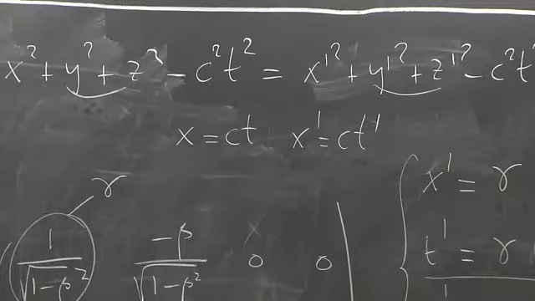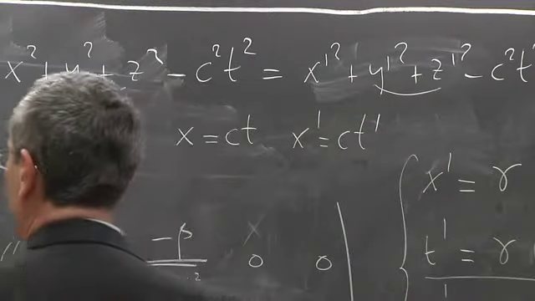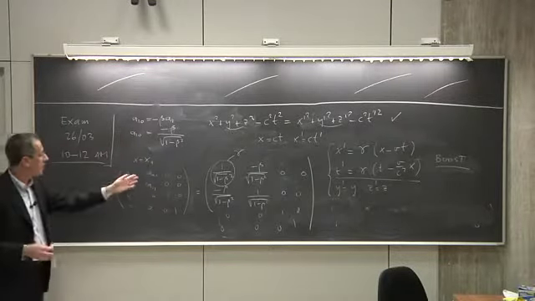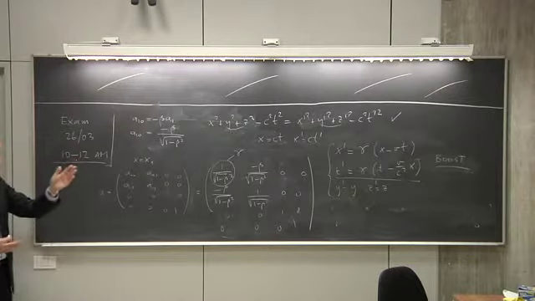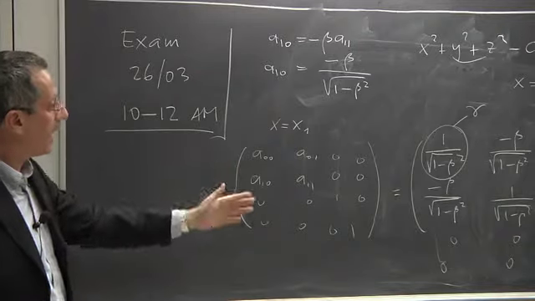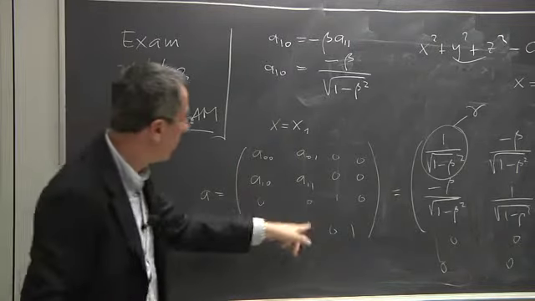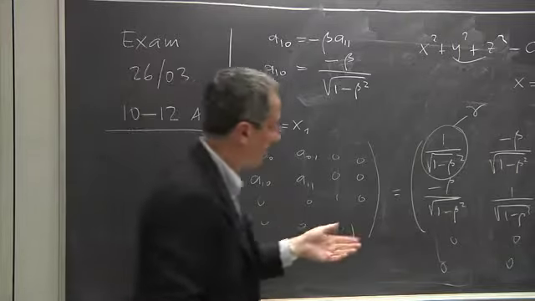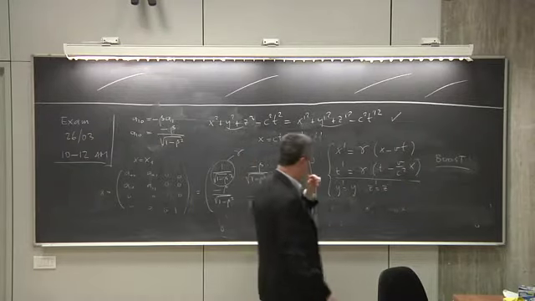Now, these transformations, of course, you have the corresponding ones. So this is a boost in one direction, but in general, the v is a vector, so with components along x, y, and z. So you have components also in the other elements, okay? But it's easier to just think of a single boost.